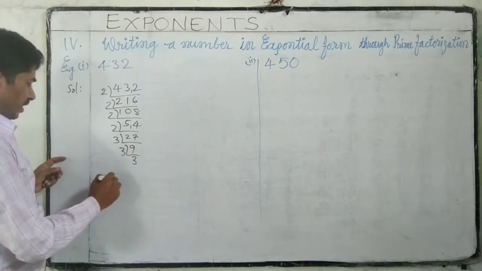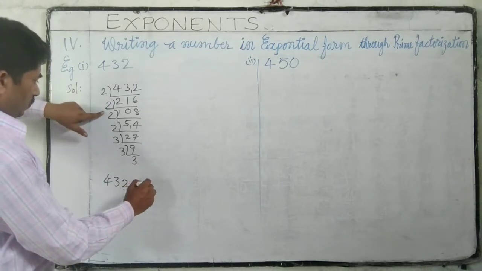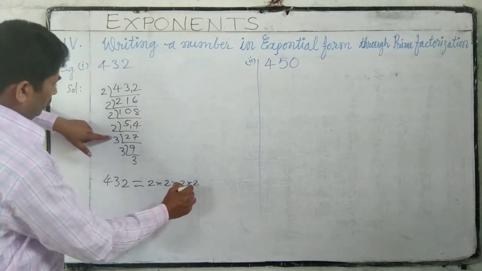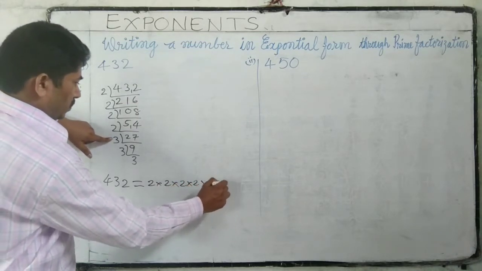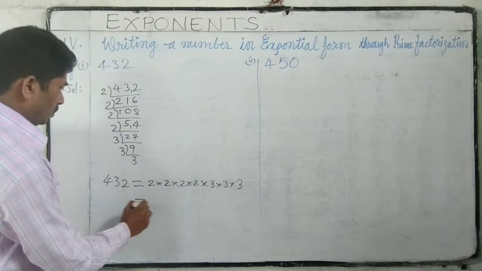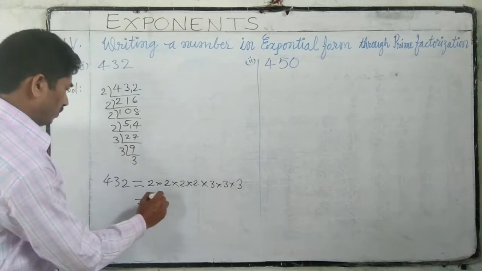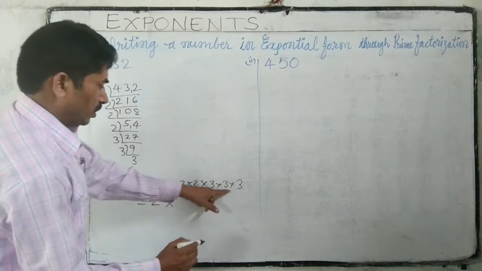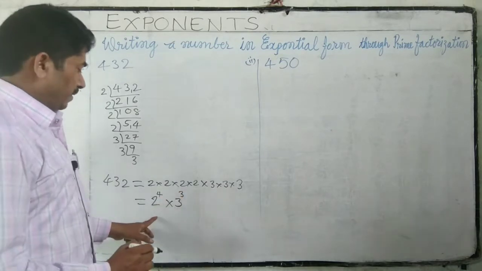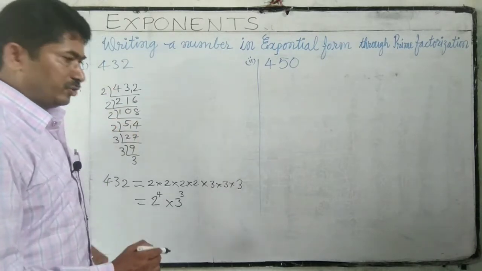So 432 is equal to 2 into 2 into 2 into 2 into 3 into 3 into 3. So how many 2s? 1, 2, 3, 4. 2 to the power of 4 into 3 cube. So this is the exponential form using the prime factorization method.